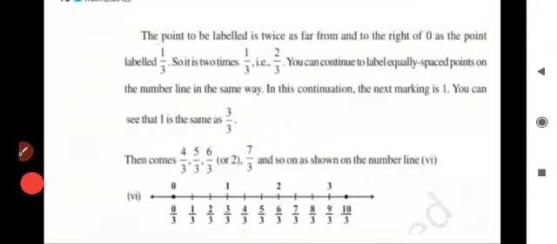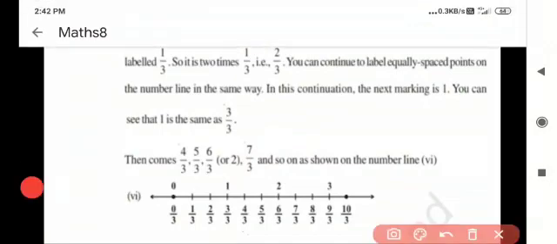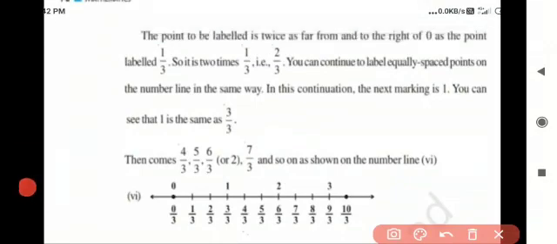The point to be labeled is twice as far from, and to the right of, 0 as the point labeled 1 by 3. So it is 2 times 1 by 3, which is 2 by 3. You can continue to label equally spaced points on the number line in this same way. In this continuation, the next marking is 1.